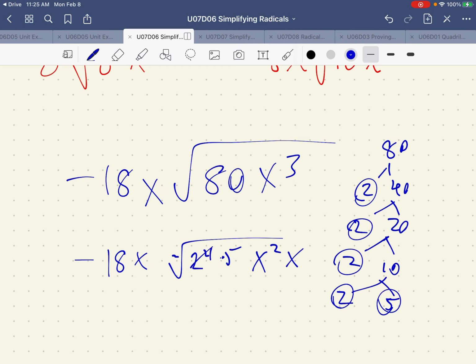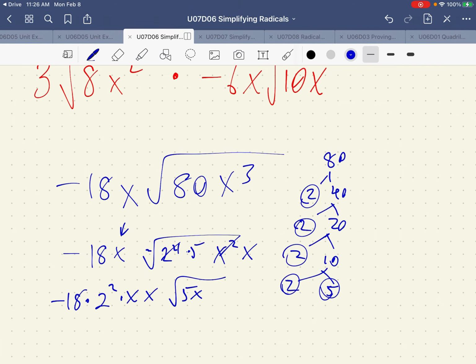So this will come out as 2 to the second, which is going to be 4. The x squared is going to come out as an x. So we have the x that was already out here, then the x from inside the radicand, and still inside the radicand would be a 5x. So the final answer would be negative 72 x squared radical 5x.